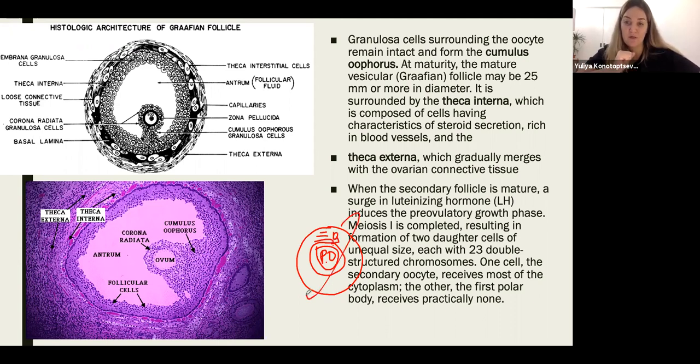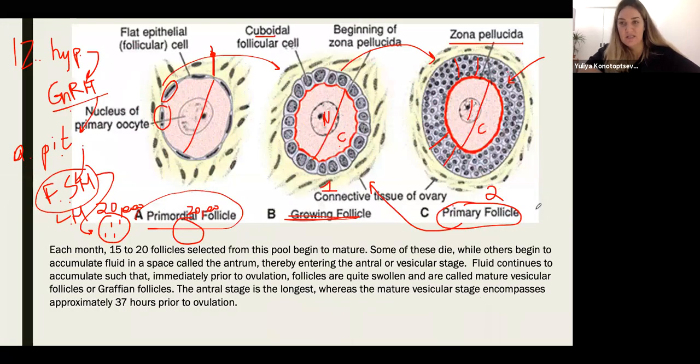Is it clear? So the layers of the primary follicle, from the inner to the outer, are primary oocyte, zona pellucida, granulosa cells. I'm missing here a stage because it wasn't in the book, but there is also a secondary follicle stage. So primary follicle becomes secondary follicle. It keeps on differentiating.